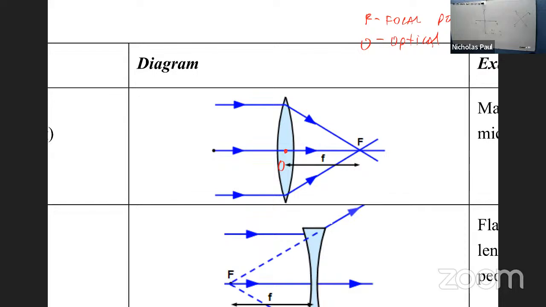See that? O to F. O to F is what we call our focal length. And this imaginary line that goes through O is called our principal axis.